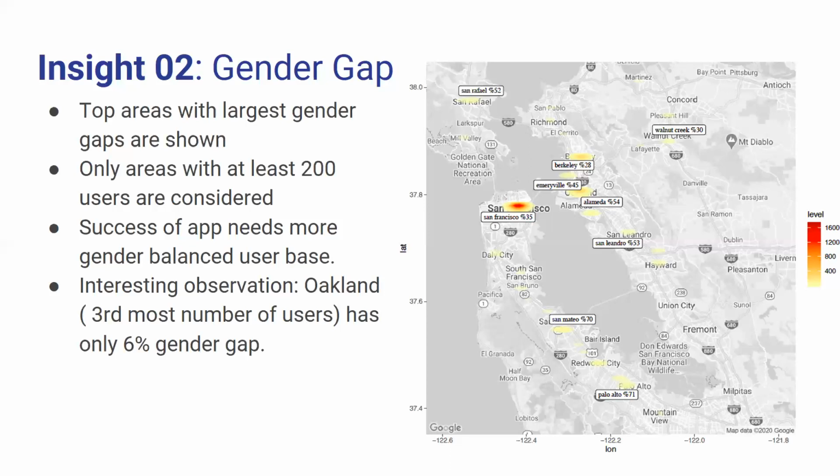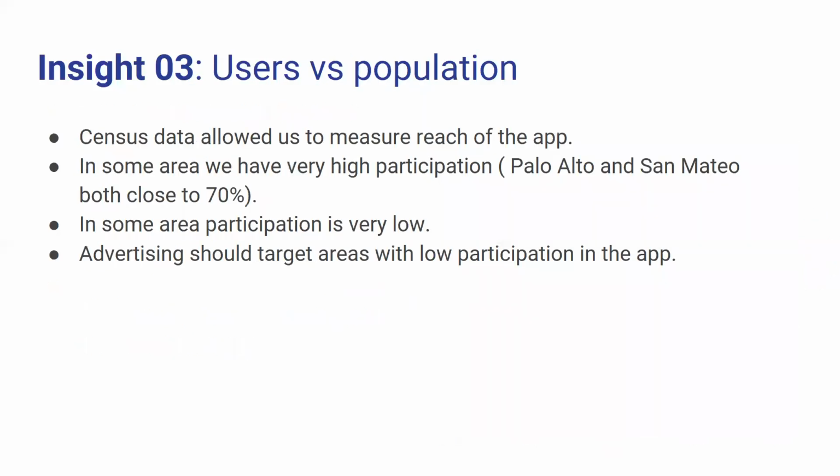We haven't shown that in the diagram because this image only shows the top 10 highest gaps. I think that gives us further information to analyze why in the Oakland area we have a low gap and other areas a high gap, and that can be used for our marketing campaign.